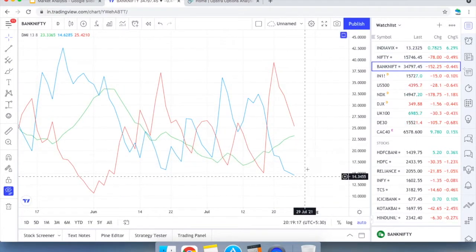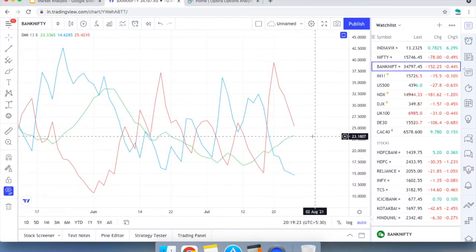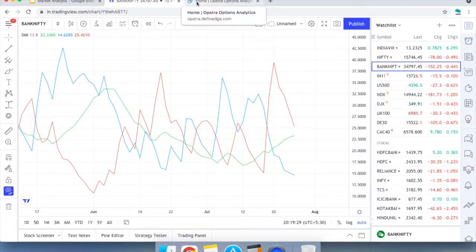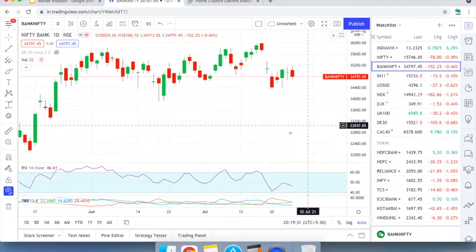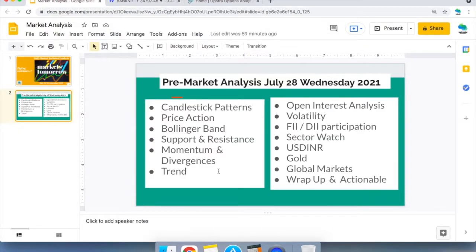Bank Nifty also has little bearishness strength, the bearishness has come down in general, and it is at reasonable strength, right? So that is what ADX and RSI, the momentum and the trend indicators, are telling us, right? Both momentum is sideways and the trend is bearish on both the indices.